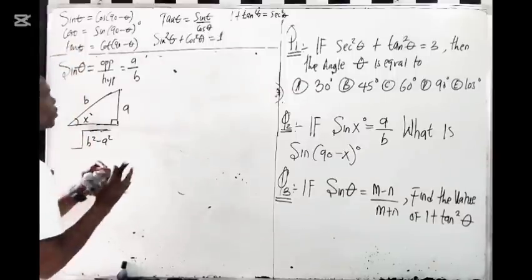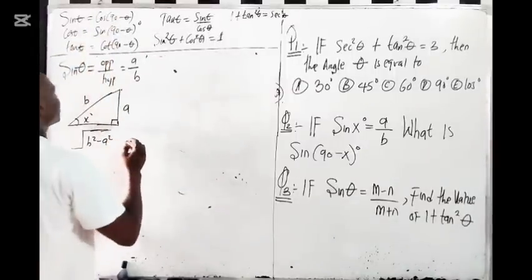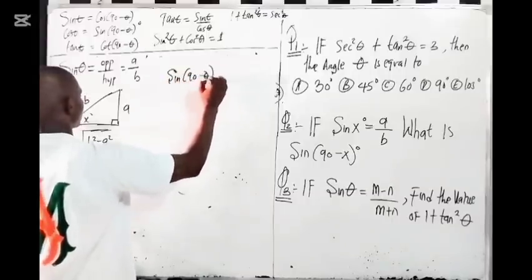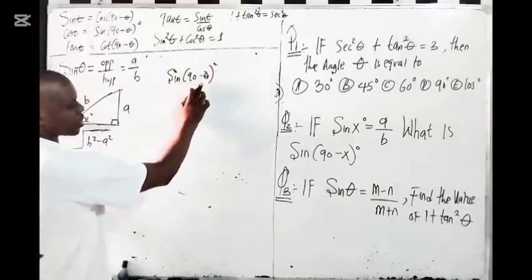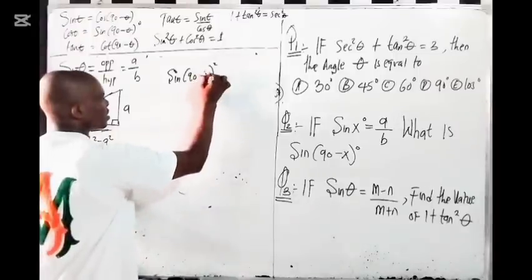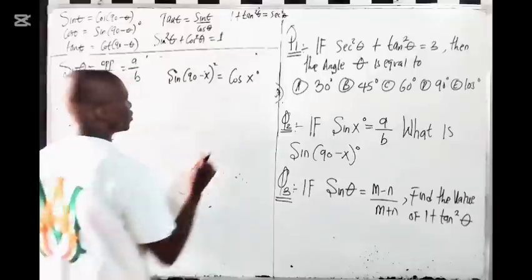From these three identities, sine of 90 minus theta equals cos theta. In place of theta, put x, so sine of 90 minus x degree equals cos x degree. Do you understand?